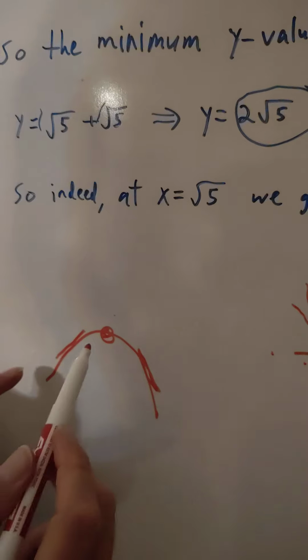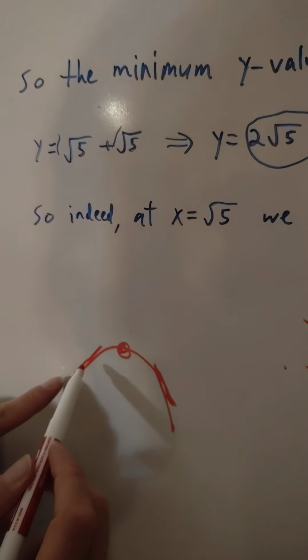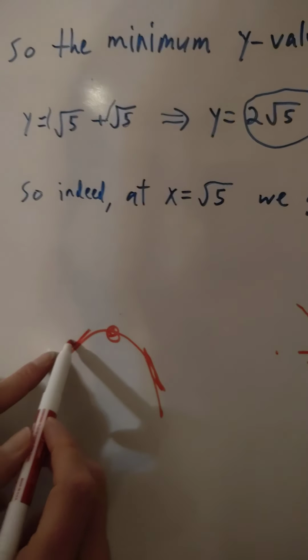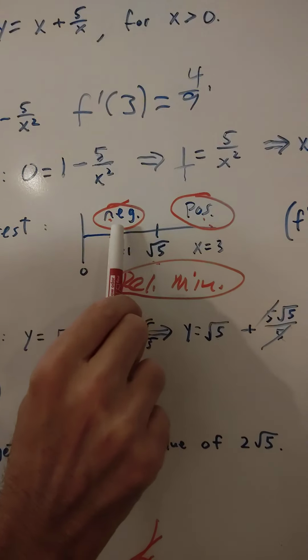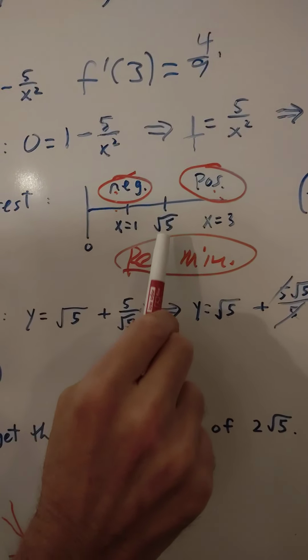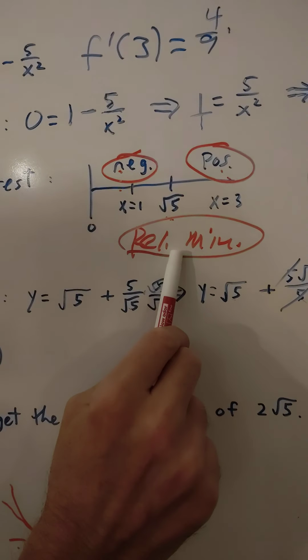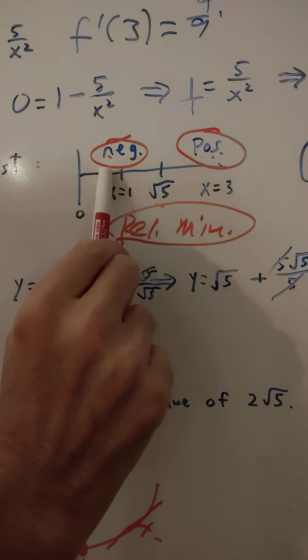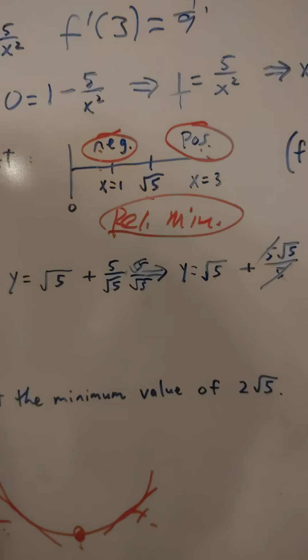And derivatives are slopes of tangent lines. So if f prime were positive to negative, that would be a relative max. But by the first derivative test, we know the square root of 5 is a relative minimum because we're going from negative to positive. And that is all.